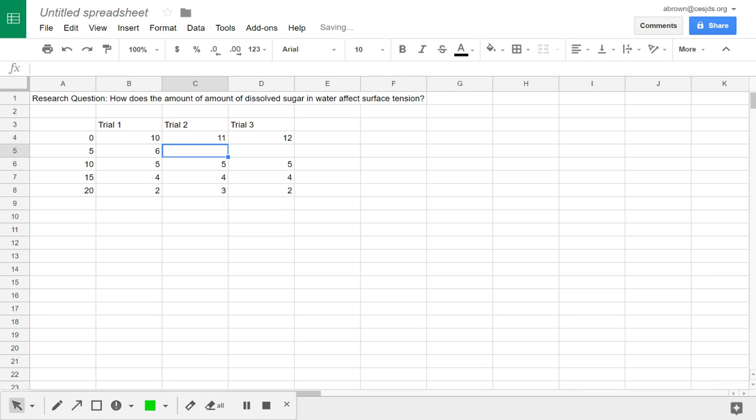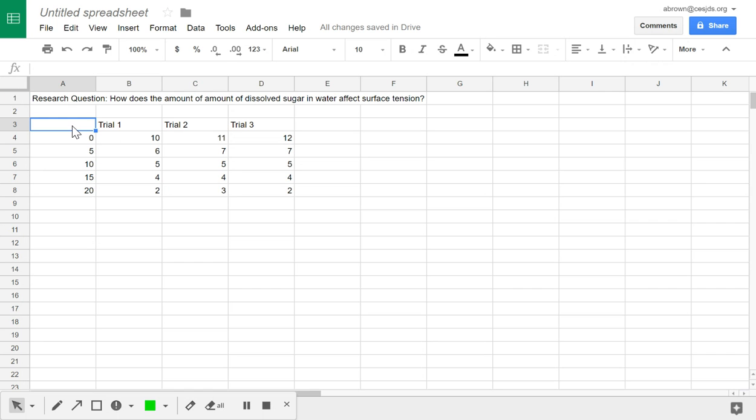Okay. So let's say this is what I got for my data. So here are my 3 trials. I've got my different amounts of dissolved sugar over here. I've got my number of paper clips that I got to float over here in my 3 trials. And this first graph that I'm going to make is going to show my data from all of my trials.